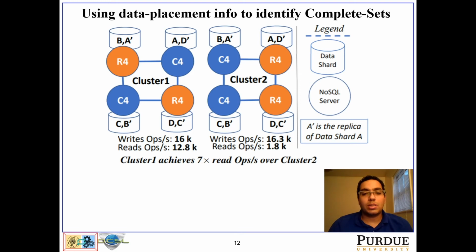Notice that cluster 2 is using the exact same resources as cluster 1, however, it doesn't take into consideration the data placement information for every node and therefore doesn't configure a complete set to the read optimized configuration, causing its read performance to be very low.